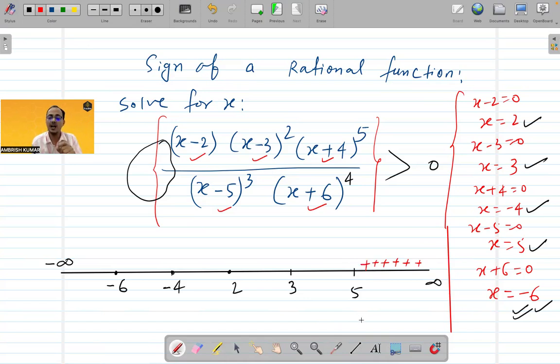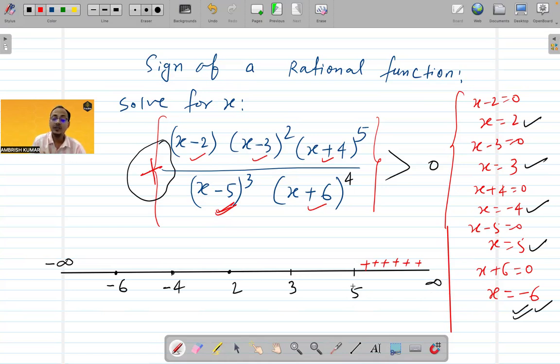You reach the number 5. 5 you get from this factor, x minus 5.